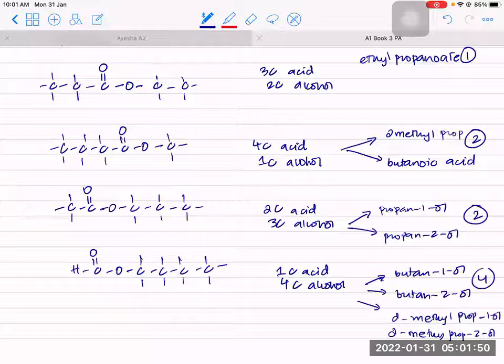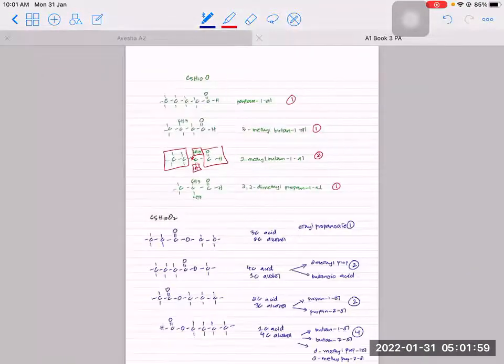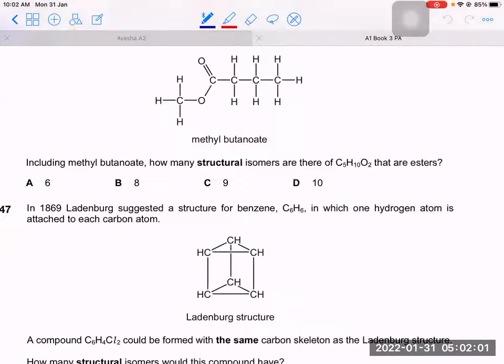How many isomers here? 4. So 4, 5, 6, 7, 8 and 9. Total isomers will be 9. And we already accounted for methyl butanoate.